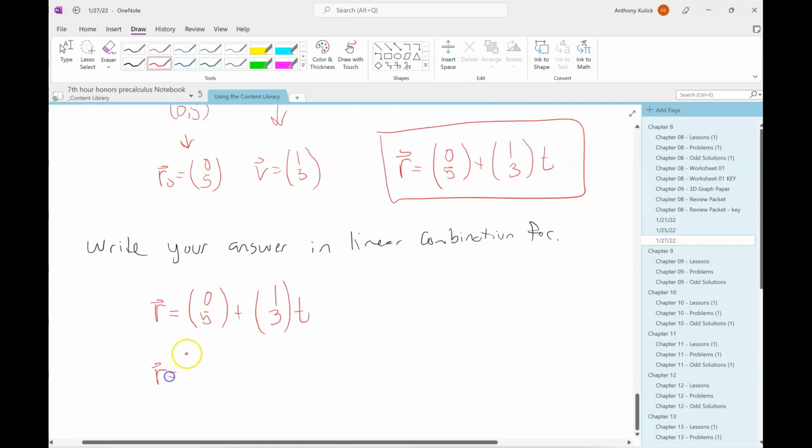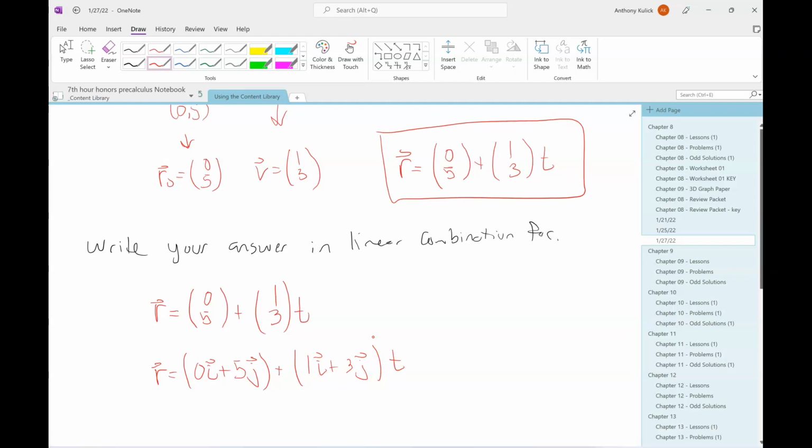So I'm just going to take the vector 0, 5 and write it as 0i plus 5j, and the vector 1, 3 as 1i plus 3j. And then I still have the times t. Everybody cool with what I did there? Just change the form.